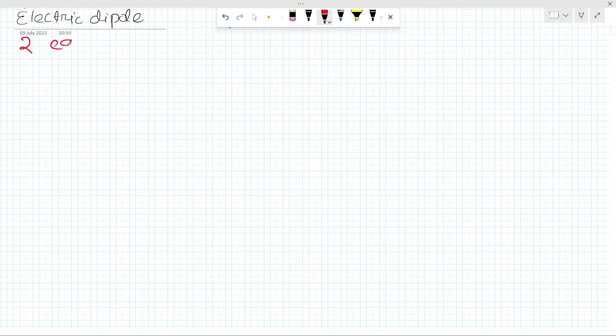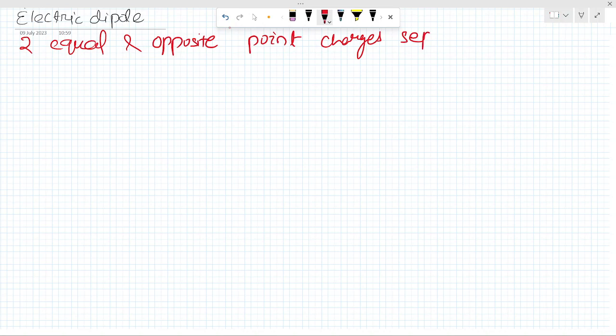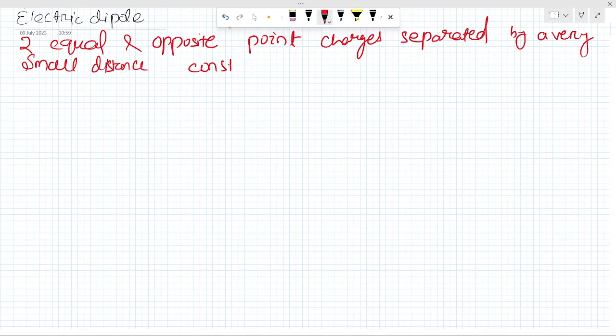Two equal and opposite point charges separated by a very small distance constitute an electric dipole.